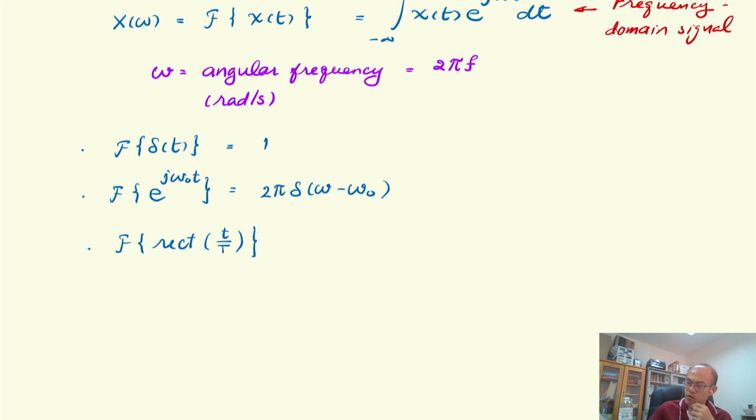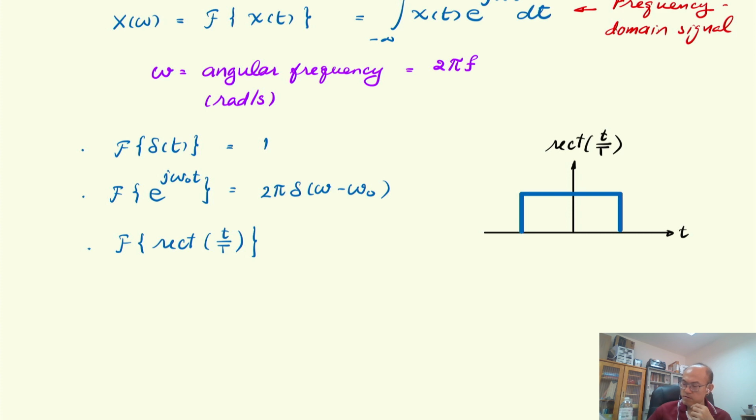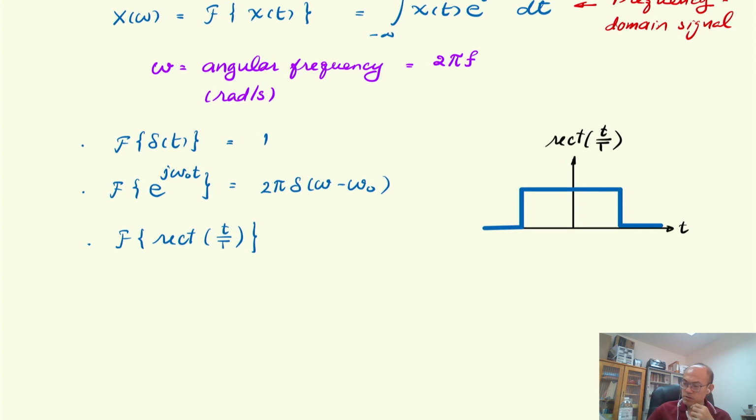If you recall, a rectangular signal is like a square pulse signal. rect of t over capital T is a signal that is constant over a certain time interval. So it goes from minus T over 2 to T over 2.